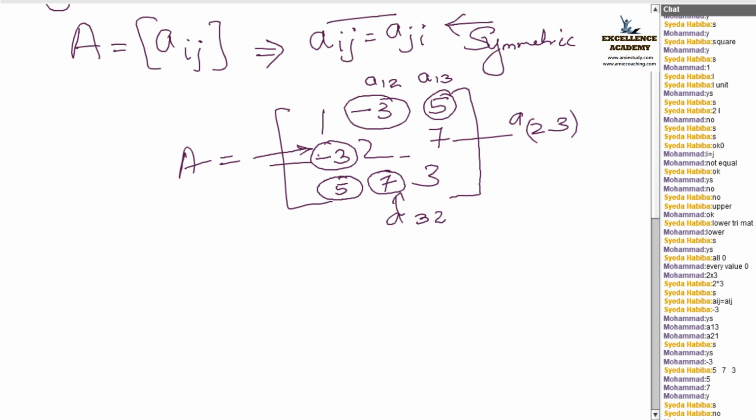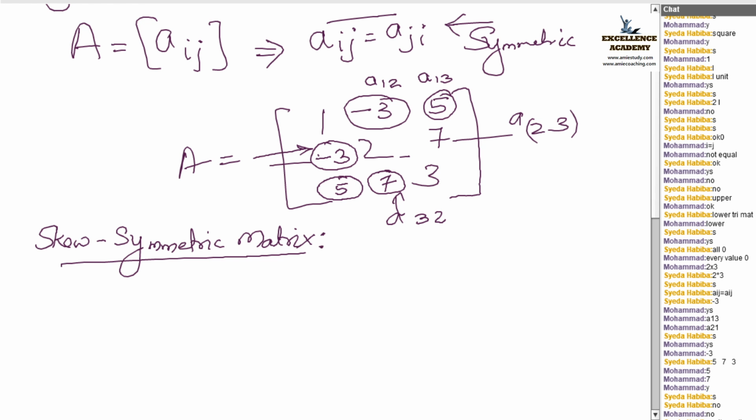If you are clear with it, let us move on to the next one, that is skew symmetric matrix. What will be the condition for a skew symmetric matrix?